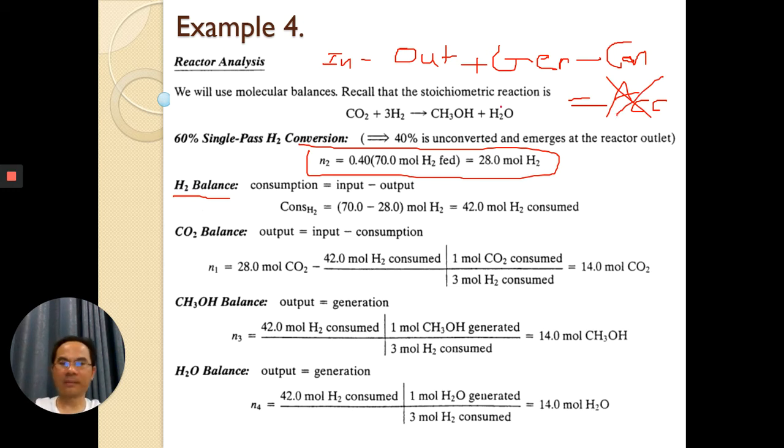For hydrogen, as a reactant, there is no generation, so we get consumption. Consumption equals input minus output, or output equals input minus consumption.